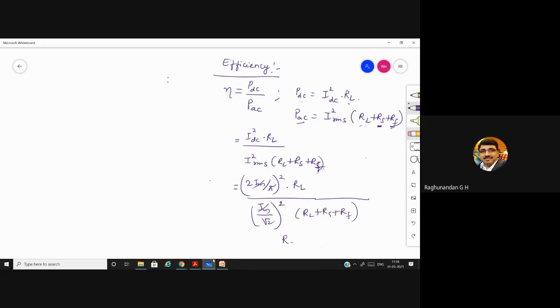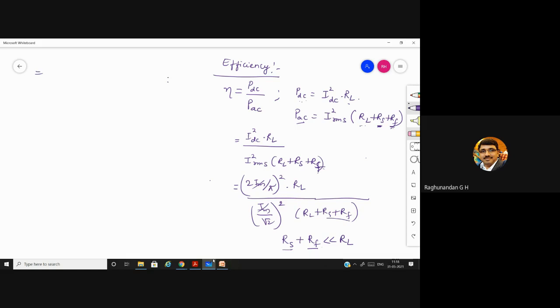As we have discussed in the previous classes, RS plus RF is very less compared to the load resistance. RS means transformer secondary resistance, RF means forward resistance of the diode. It will be in terms of few ohms, but RL will be in terms of kilo ohms. So that's why it will be very less, so RS plus RF can be ignored, and we can write just RL.